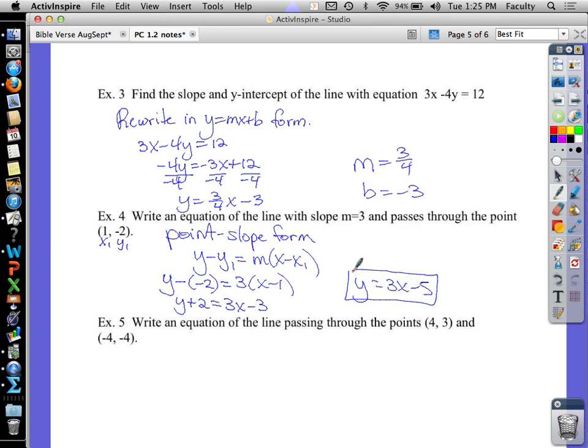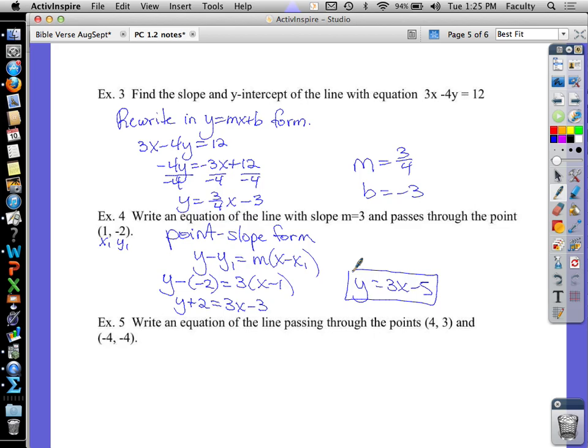You can still use what we did last year with y equals mx plus b, plug in x, y, m, and find b. There's nothing wrong with that, but in AP Calculus, we use point-slope a lot more often. So I thought if we can just practice it, it might make your lives a little bit easier.